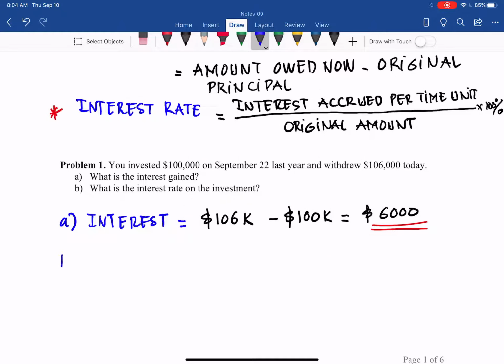And then B, what is the interest rate on the investment?